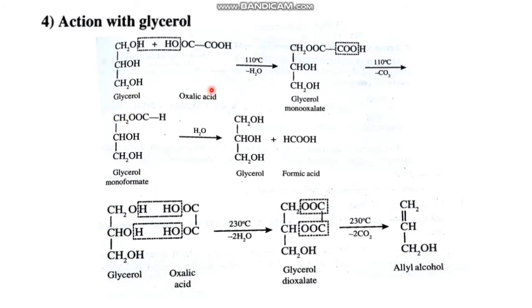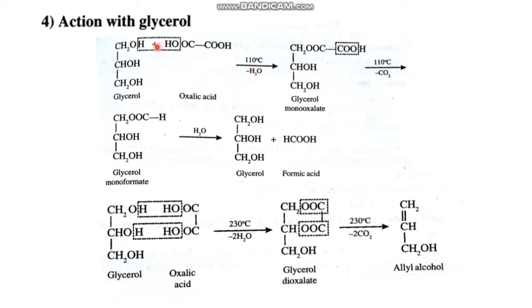When we treat this oxalic acid with glycerol around 110 degrees Celsius, first we get glycerol monoxalate, then it will be converted into glycerol monoformate, again it will be converted into formic acid. That is, when glycerol is heated with crystalline oxalic acid at 110 degrees Celsius, formic acid is obtained.